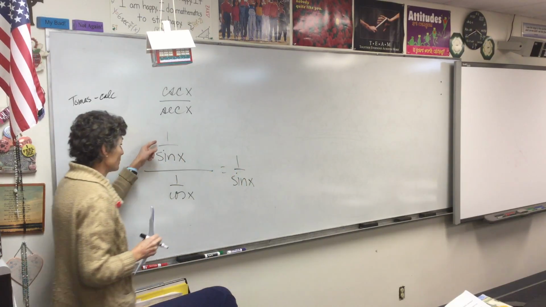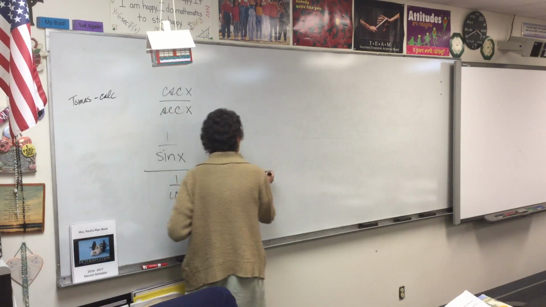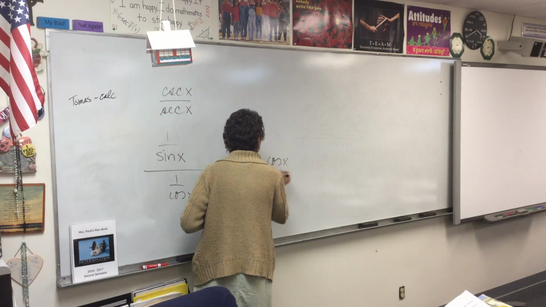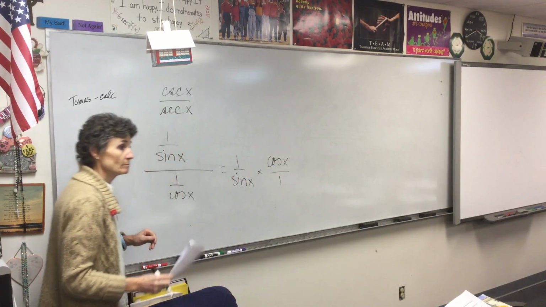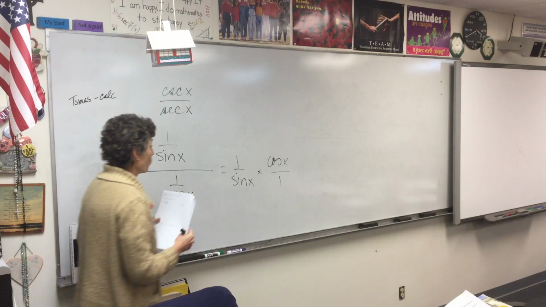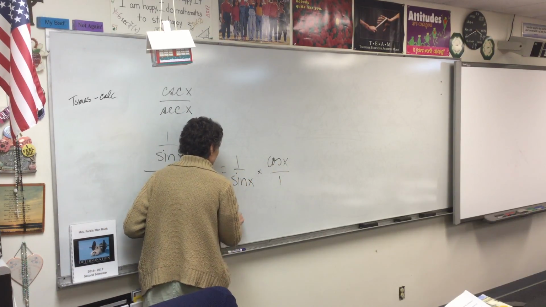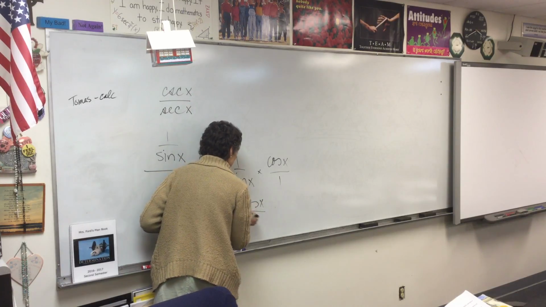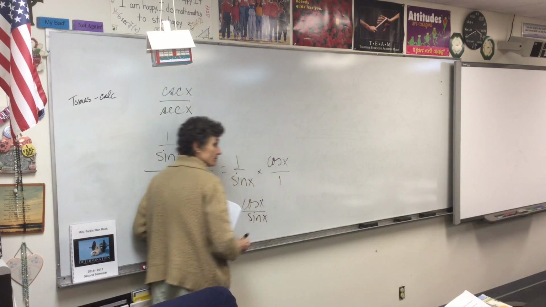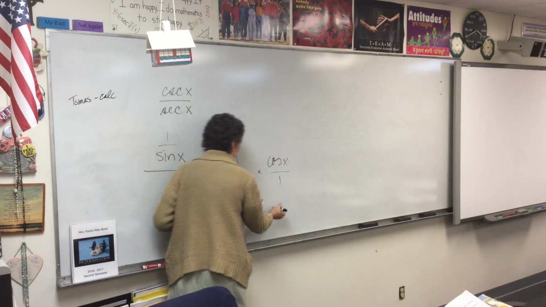So this is going to be 1 over sine times cosine over 1. And when I multiply fractions, I go straight across. So I have cosine over sine, which is cotangent. Very, very good.